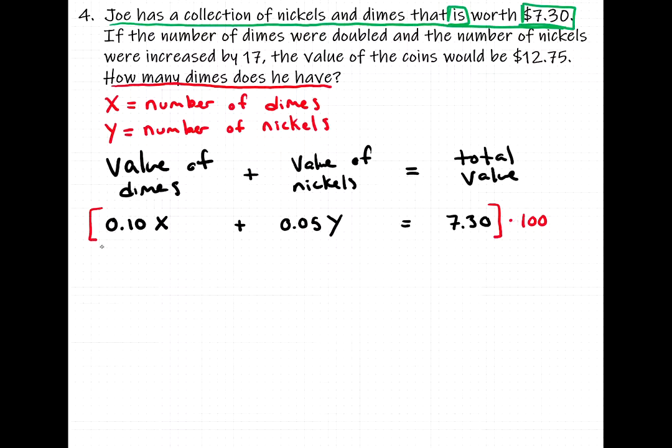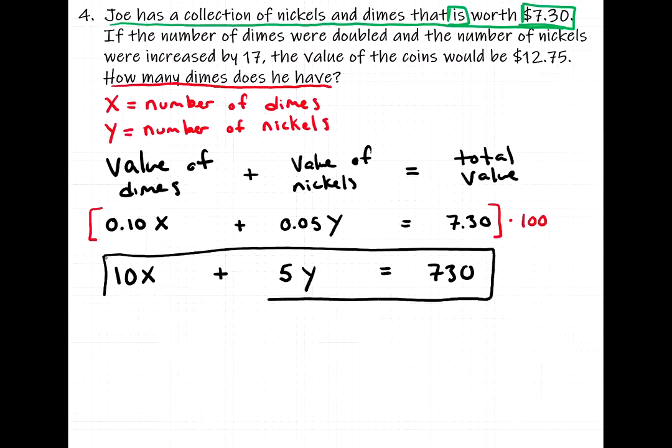So if we multiply each of these three terms by 100, 0.10x times 100, 0.05y times 100, and 7.30 times 100, we will have all whole numbers. Now you could have kept the decimals, that would have been fine. So 10x plus 5y equals $730. Okay, so this would be one of our equations. Let's call this equation number 1.